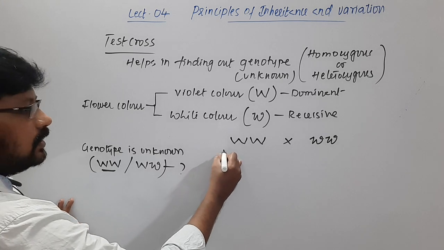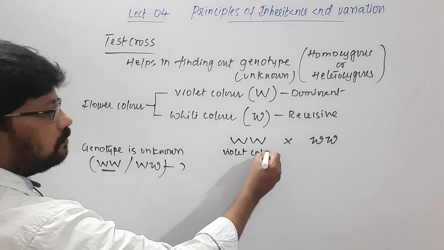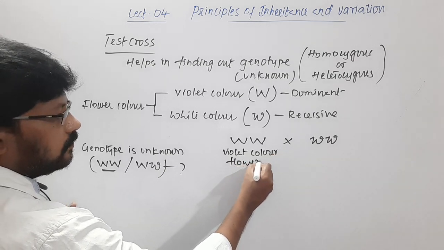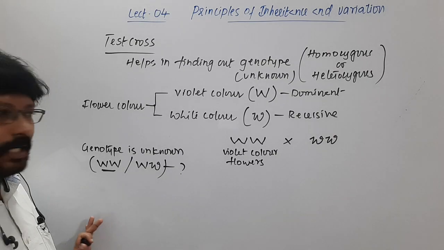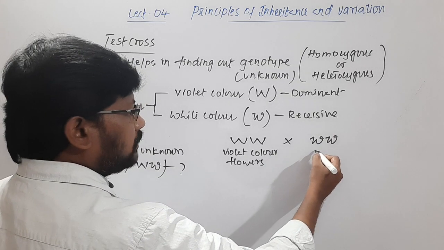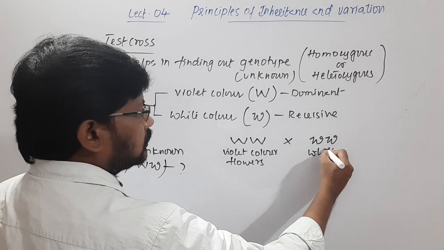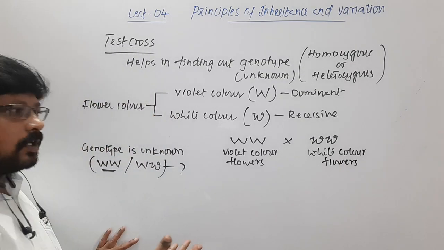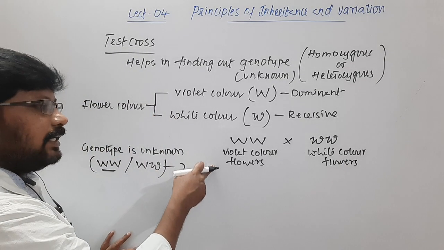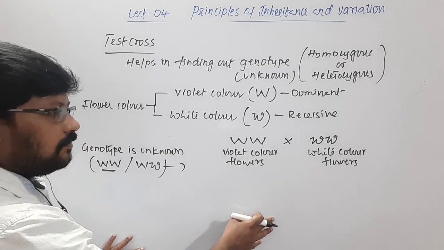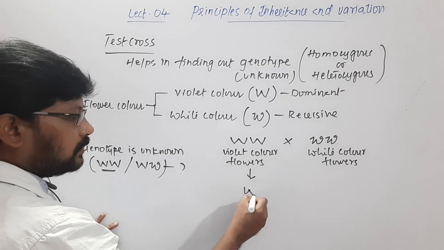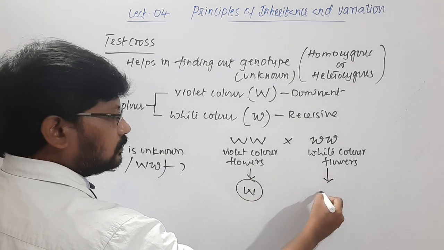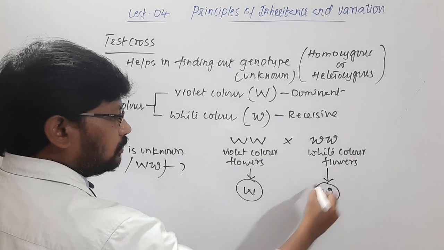This is the pea plant having violet colored flowers, and this is the pea plant with white colored flowers. So I'm going to cross the pea plant with violet flowers with the white flowered one. Here we have W, and in this case small w.